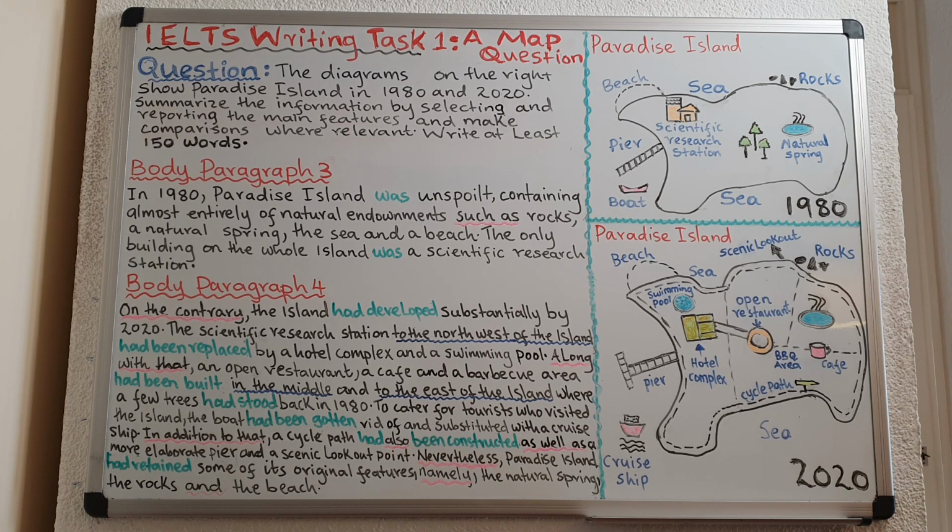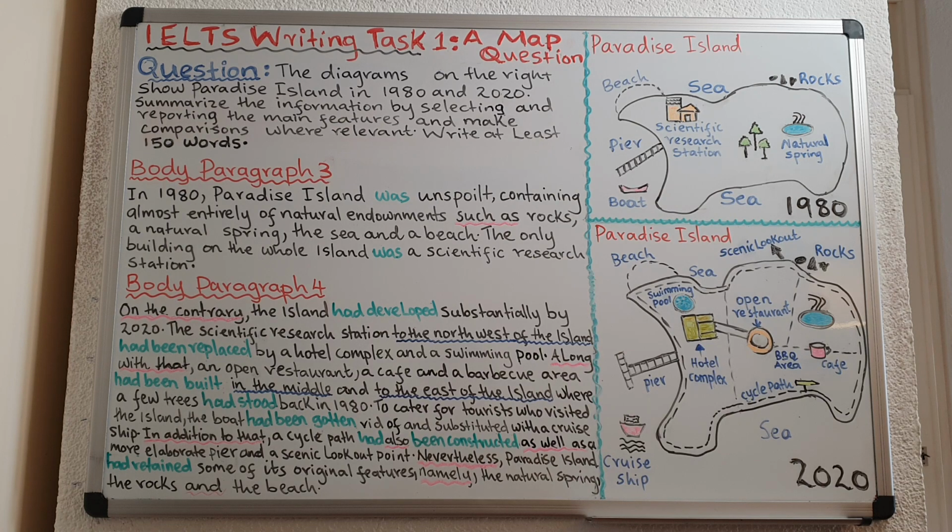That station in 1980, you don't see it in 2020. And that is because it had been replaced by a hotel complex and a swimming pool. Where the scientific research station was, if you look at the map of the island in 2020, you don't see it anymore. Instead, you see a swimming pool and a hotel complex.